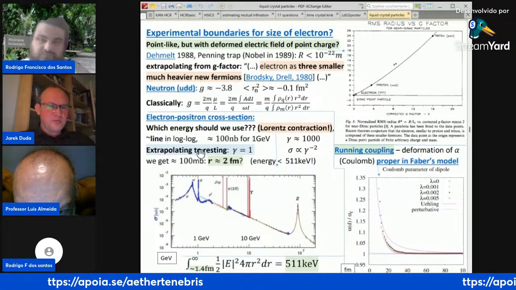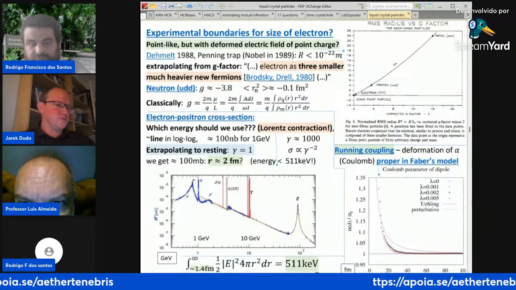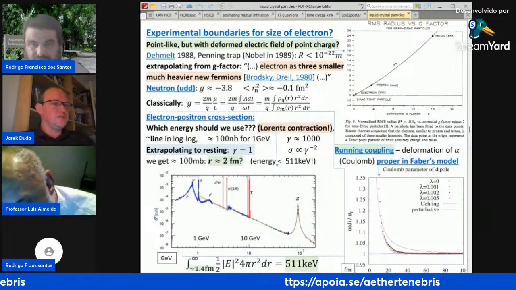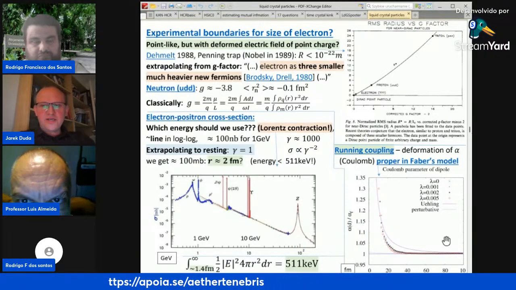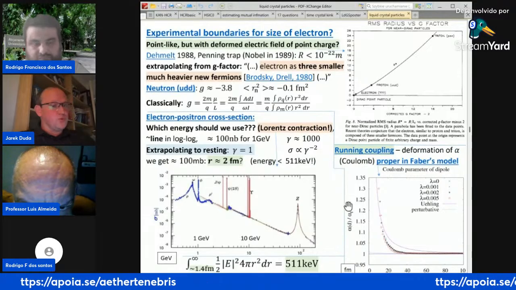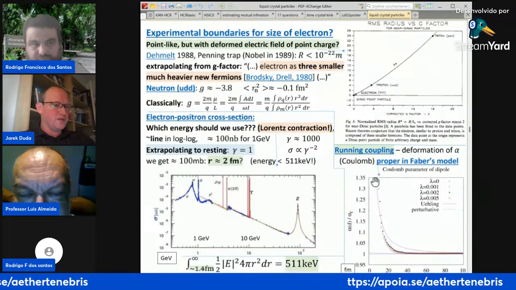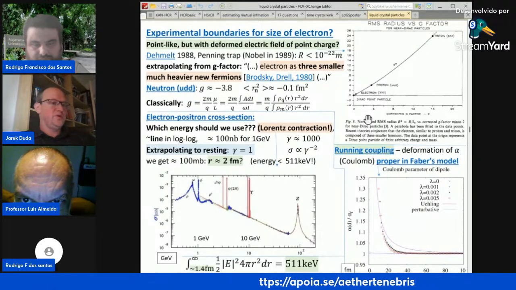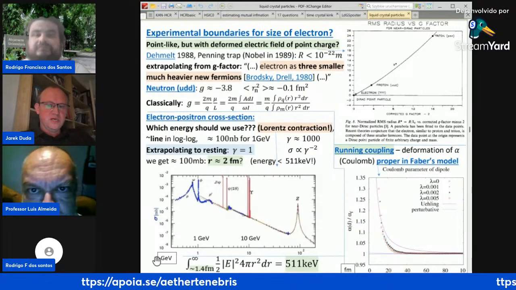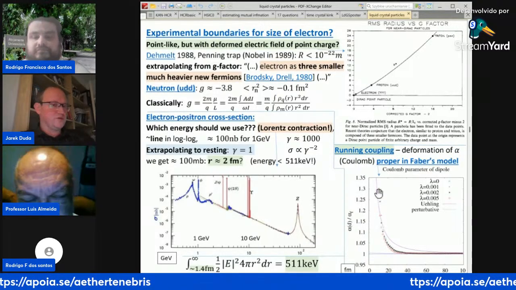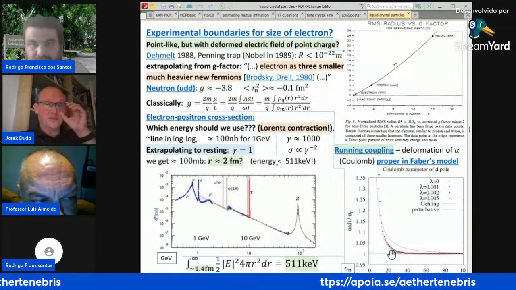If we do it, we get a similar distance to that required for the deformation not to exceed the mass of the electron. Additionally, there is this running coupling: perfect point charges would not have this deformation of the Coulomb interaction, but the real electron has. And indeed, if we include this deformation, we also get it in the running coupling.